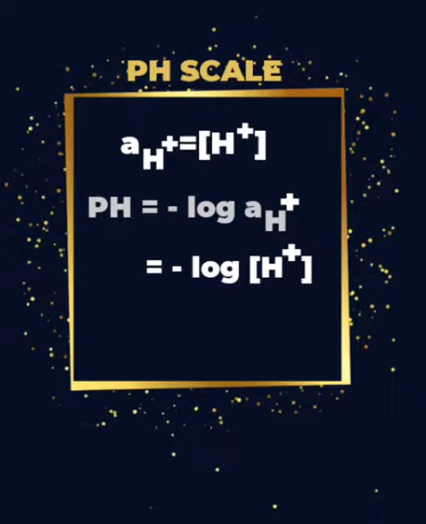Activity of H plus is equal to molar concentration of H plus. So, from the definition of pH, pH is equal to negative log of the activity of H plus or negative log of the concentration of H plus.